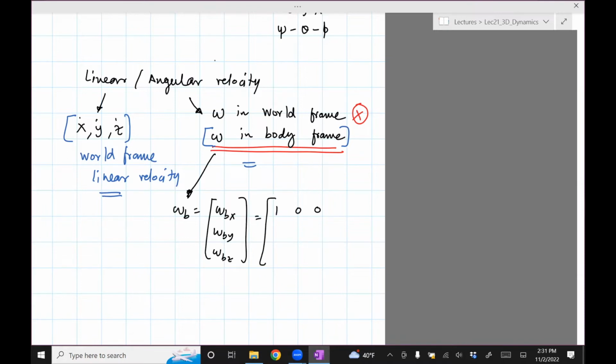One, 0, 0; 0, cosine phi, should be minus sine theta; cos theta, sine phi, 0; minus sine phi, cos theta, cos phi; and then it multiplies with the Euler angular rates: psi dot, theta dot, phi dot.